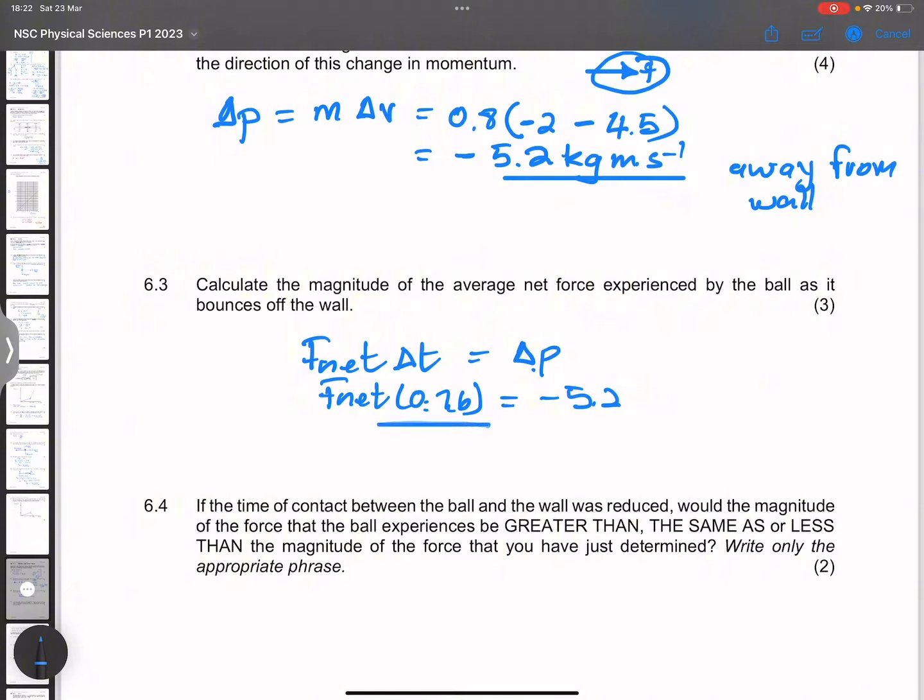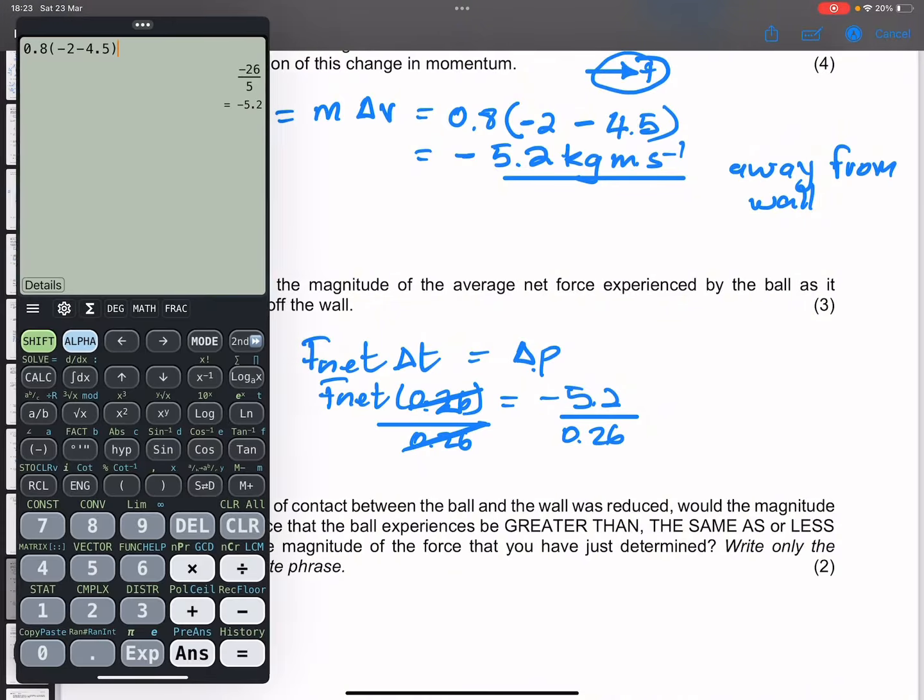And we can divide both sides by 0.26. I still have that value there. Just divide by 0.26, and I get -20.